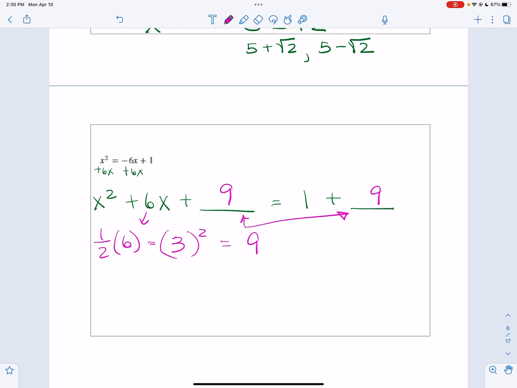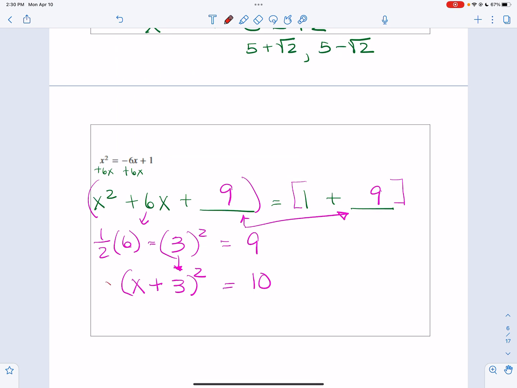So now I factor this group, x plus 3 in parentheses. Remember that number is always the same. And I simplify this. 1 plus 9 is 10.